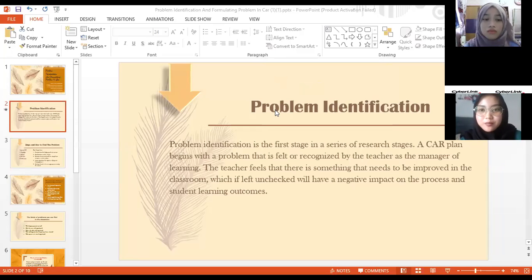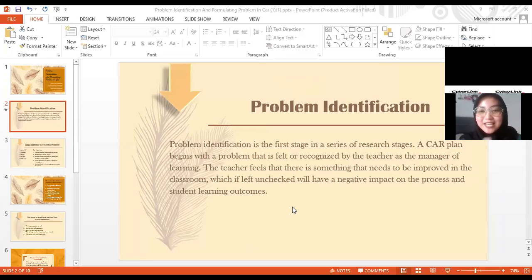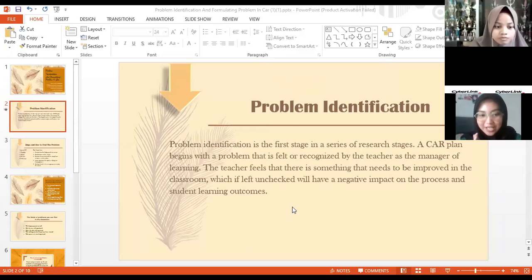Bismillahirrahmanirrahim. Assalamualaikum warahmatullahi wabarakatuh. Hello, good morning everyone. We are from second group. For today's meeting, we will deliver a presentation about problem identification and formulating problems in classroom action research.